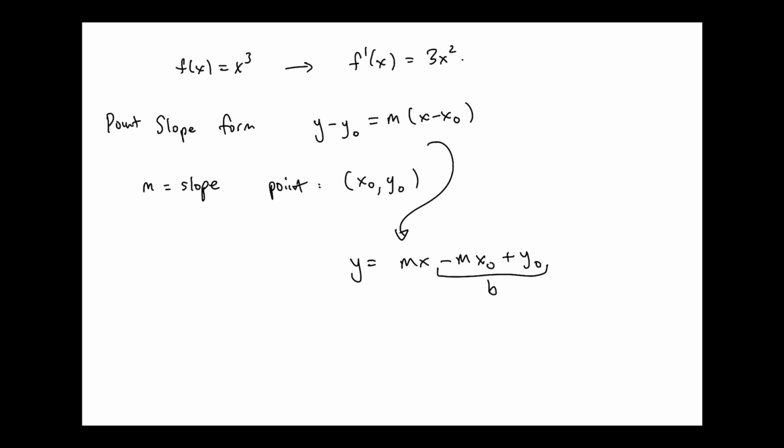But it's perfectly fine the way it is. And the reason that this form is really handy is because if I want to find the equation of a tangent line, I know the point at which I need to be tangent, and the derivative will tell me the slope. So this version of the equation makes it real easy. Okay? Okay, so what's the x-coordinate that we're interested in here? So tangent at x equals, what point did we pick, -1?